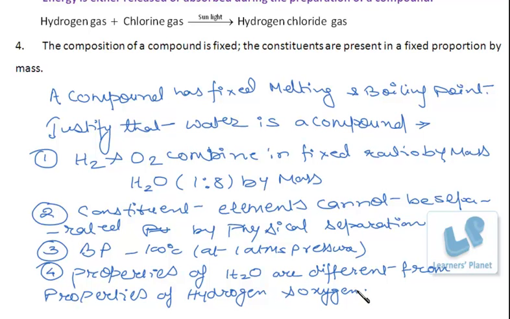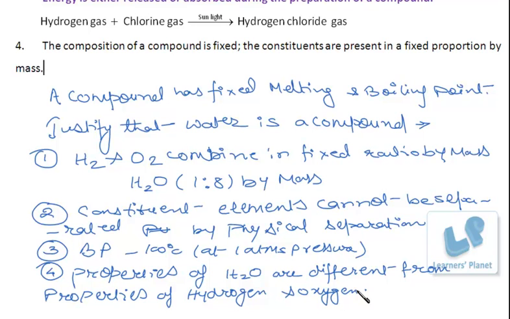Likewise, students, you can be asked for any compound. Say you can be asked for carbon dioxide, for hydrochloric acid, for ammonia. So what you need to mention here is that the constituents combine in a fixed ratio by mass. Just work out the ratio of the constituent elements present by mass.